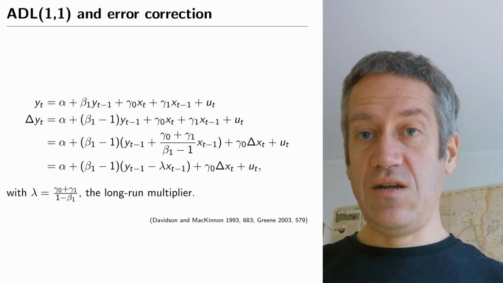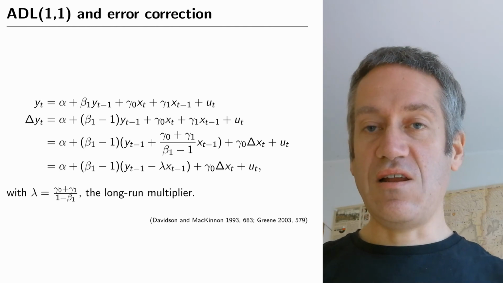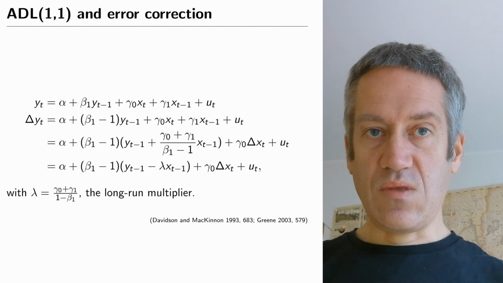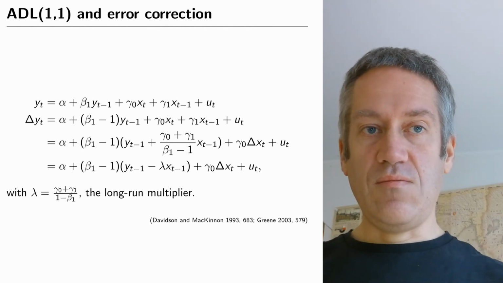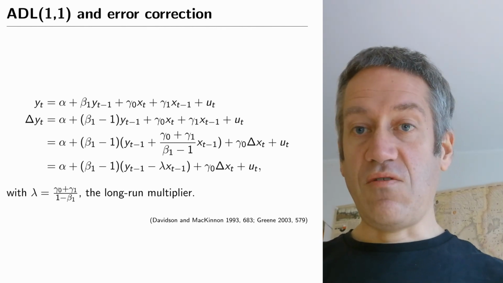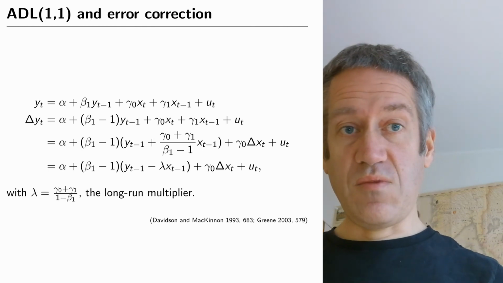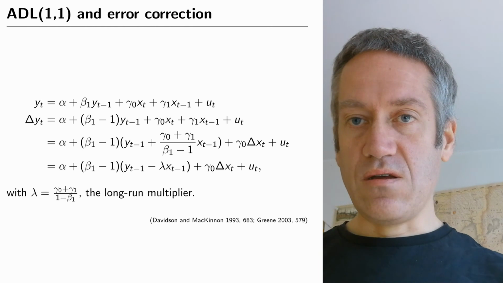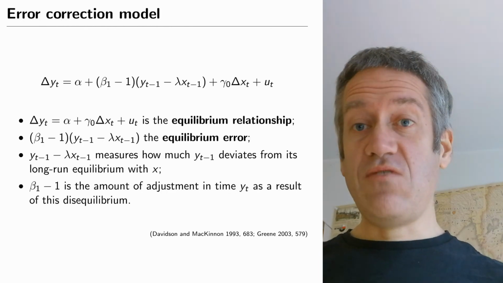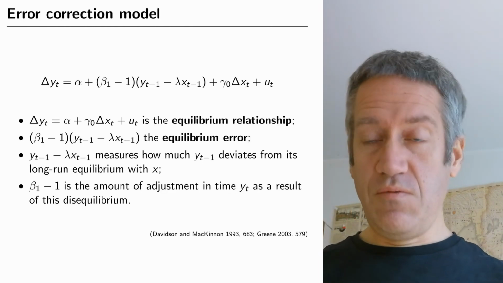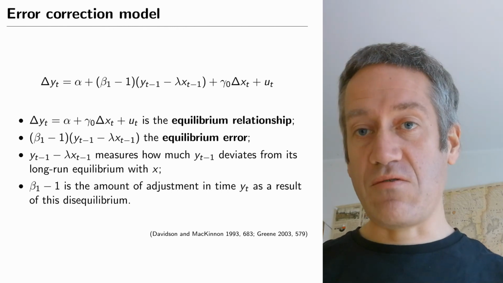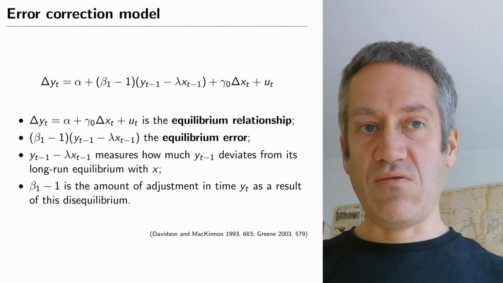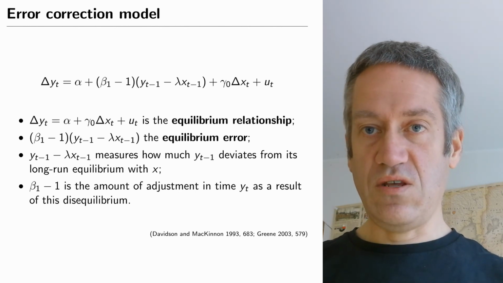You can see the immediate impact on the level of change in y given a change in x, captured with gamma 0, and separately you can see the level of adjustment to a deviation from equilibrium from beta 1, and you can see the long-term multiplier with gamma. So this equation really separates out the equilibrium relationship and the equilibrium error, the amount of deviation from the equilibrium, and it shows how there's a gradual adjustment to this deviation.